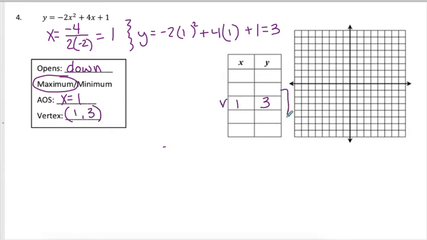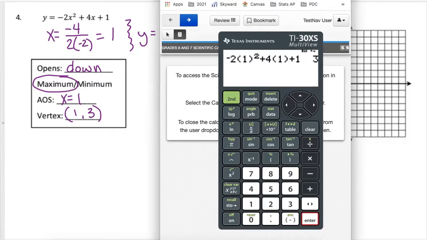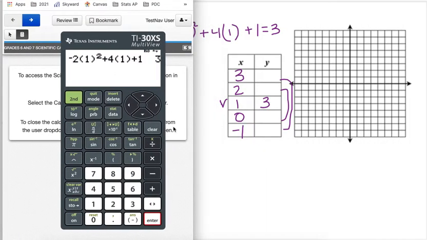It's going to be symmetric. Here's my 2 other points I need. Count up, 2, 3, count down, 0, negative 1. Once we generate this, now let's put our calculator to work and find those other pairs for us. What our calculator is doing is plugging those in just like we do for the vertex. I typically plug in for the vertex and then I go to my calculator.